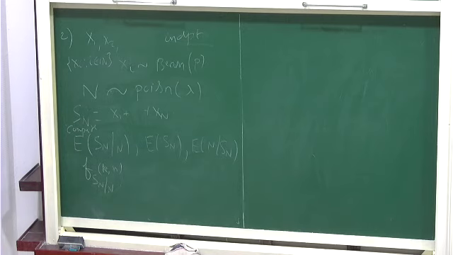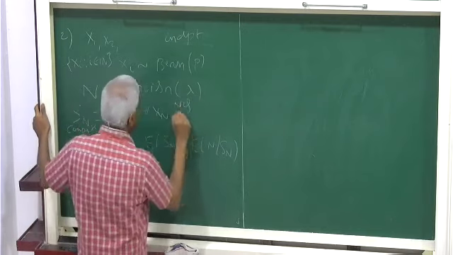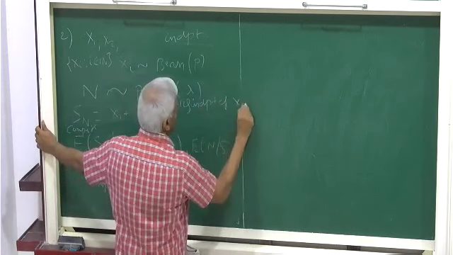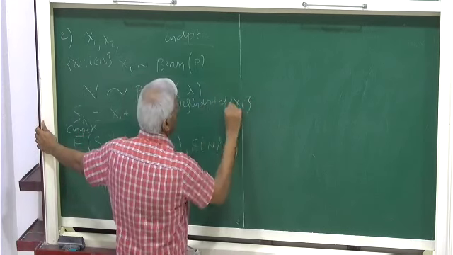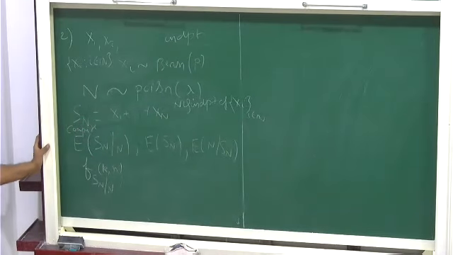Poisson is independent; I need it here. N is independent of all those xi's. I need it in the calculation here.